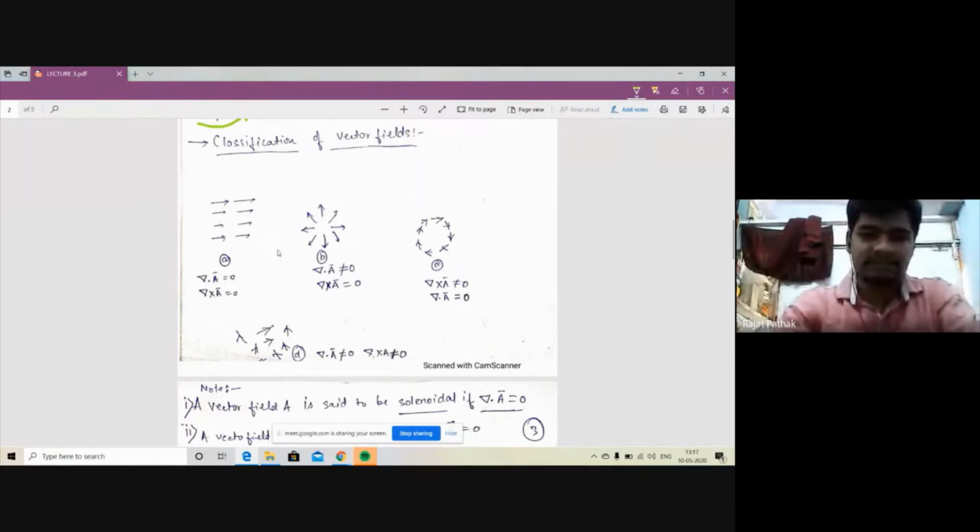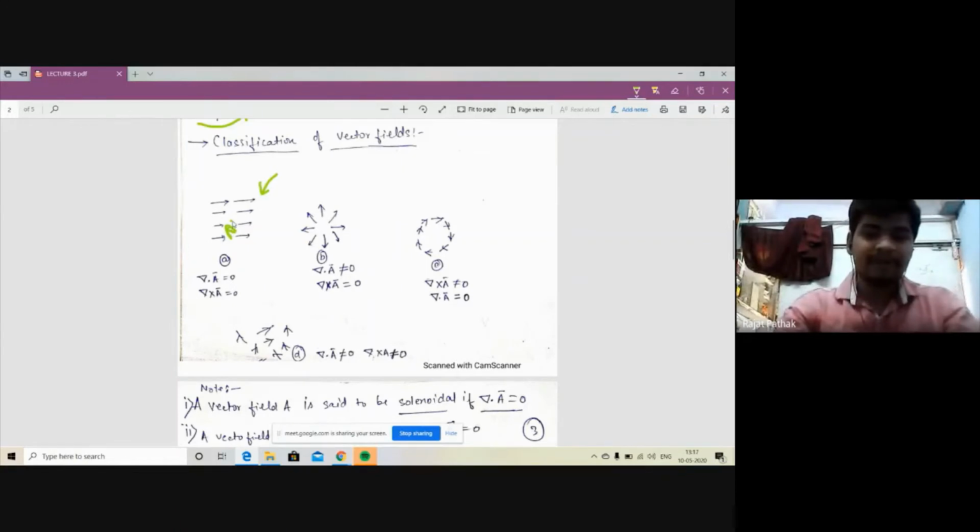The first one is a vector field like this. Here it says that the divergence of this field is equal to 0. As I already told when I was teaching divergence, if this is a point P, then the divergence of the field A, these are the field lines of A, is 0.